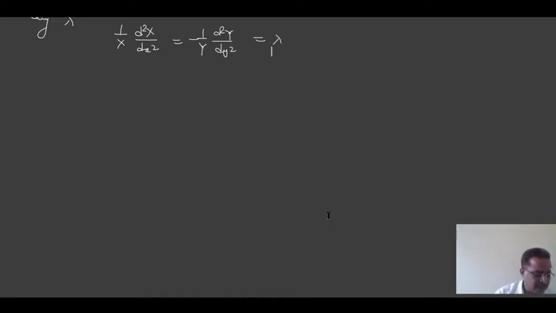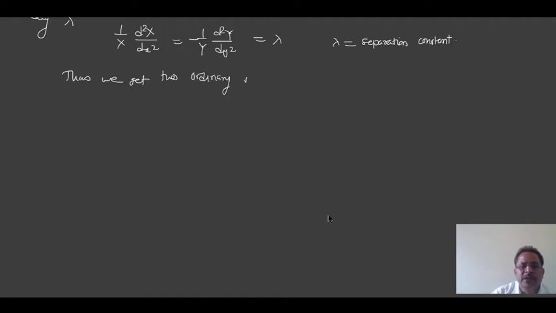This lambda is called the separation constant. Thus we get two ordinary differential equations from the above.